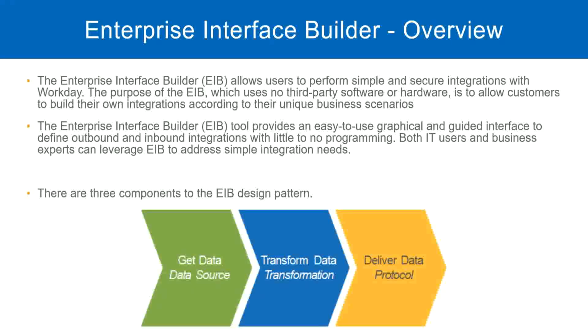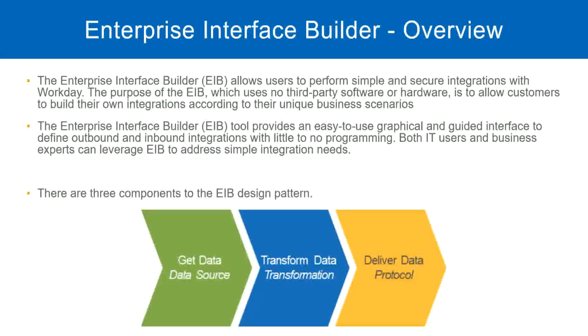The second step would be to modify, or translate, or transform the data into a format expected by the recipient. The third step will be to send the data to the recipient, or to deliver the data.